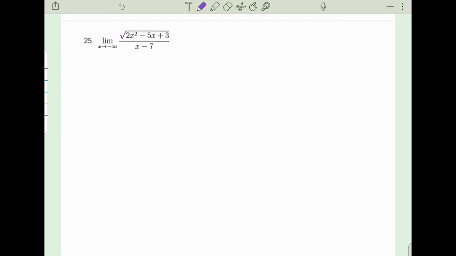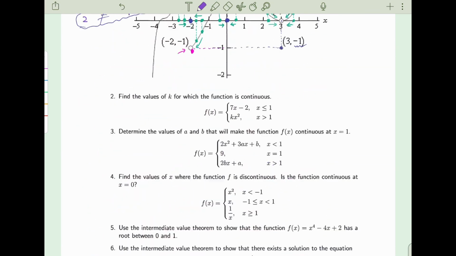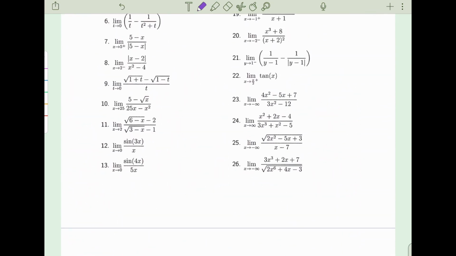So what does that mean? Maybe let me just briefly mention that. From question 23 to 26, they're all of the same type. We always divide the top and the bottom by the highest power in the denominator.